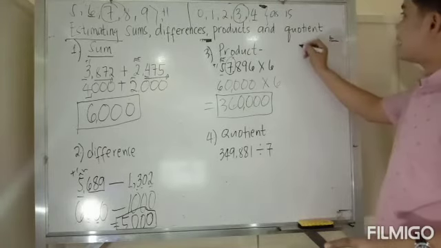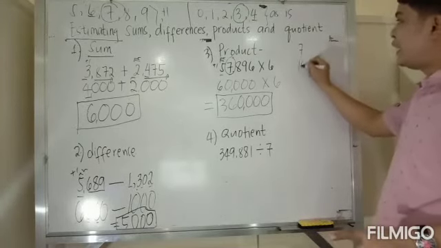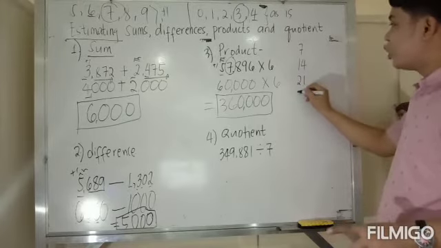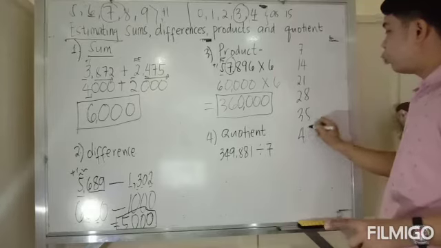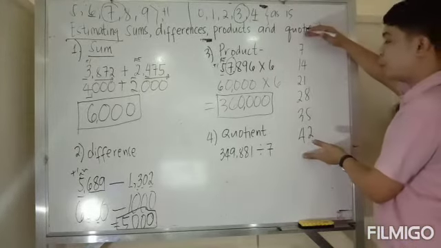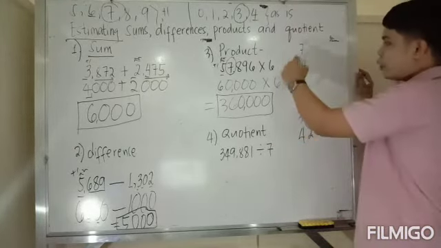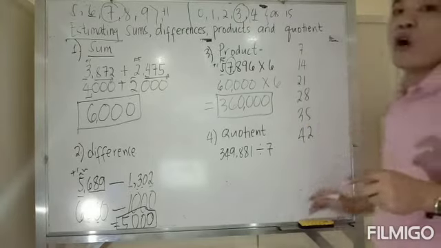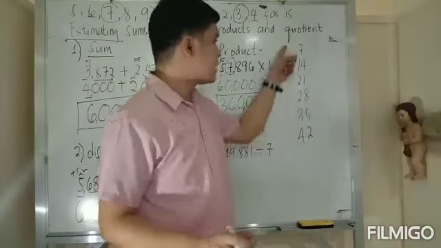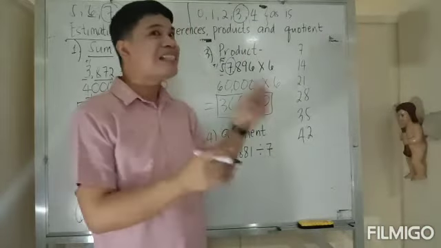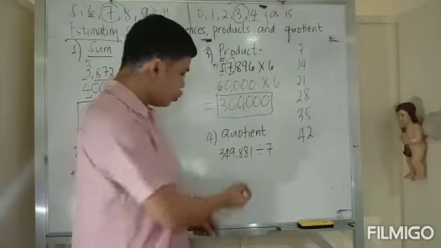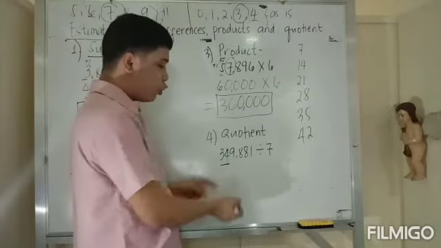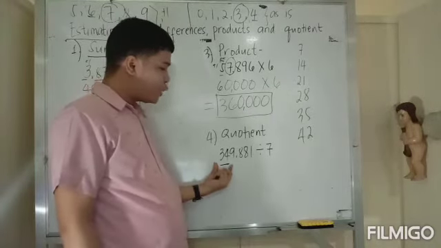So we have here 7, 14, 21, 28, 35, 42. Now, we have here multiples of 7. 1, 2, 3, 4, 5, 6. We have 6 multiples of 7 now here. So let us now identify the nearest multiple of 7 to your first 2 digits here.